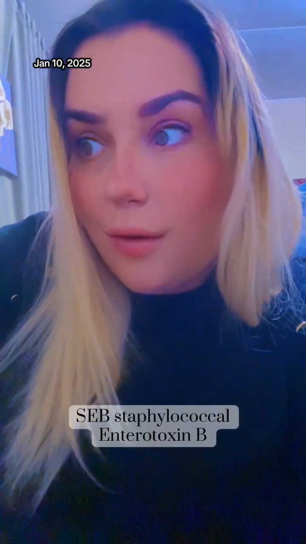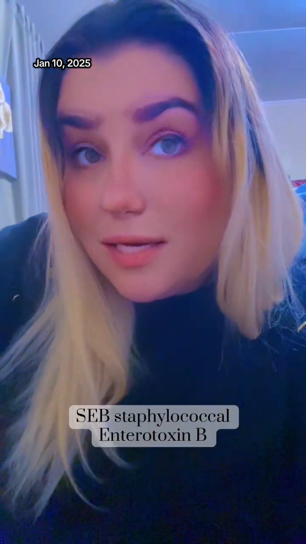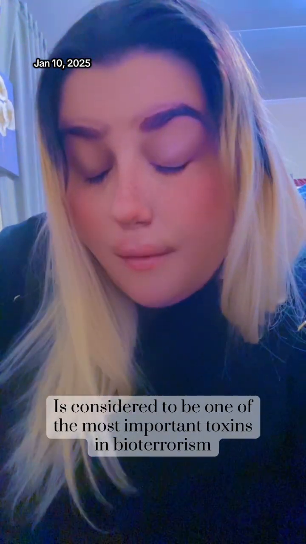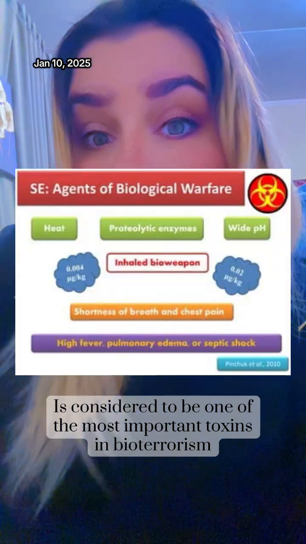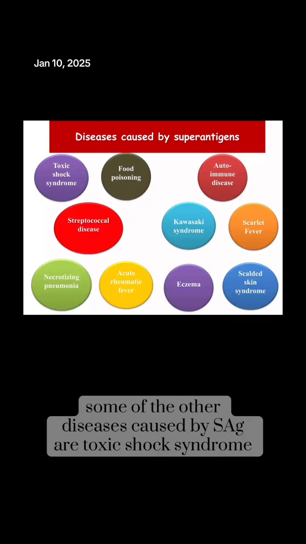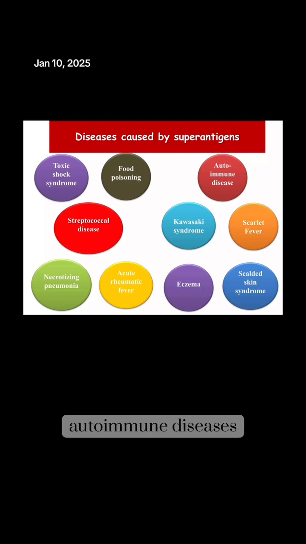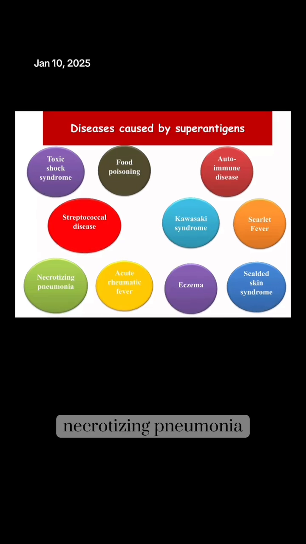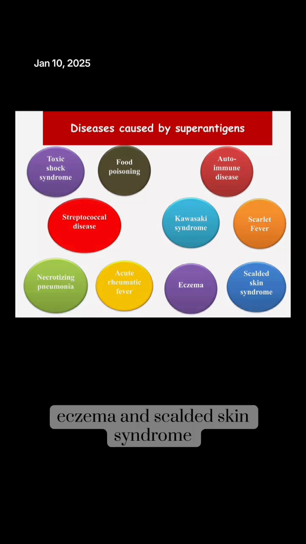SEB, staphylococcal enterotoxin B, is considered to be one of the most important toxins in bioterrorism. Some of the other diseases caused by superantigens are toxic shock syndrome, streptococcal disease, autoimmune diseases, Kawasaki syndrome, scarlet fever, necrotizing pneumonia, acute rheumatic fever, eczema, and scalded skin syndrome.